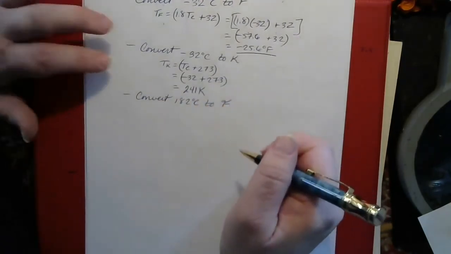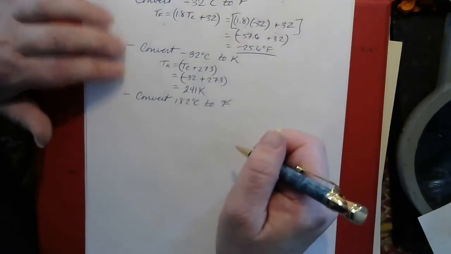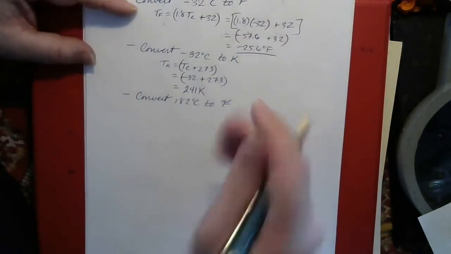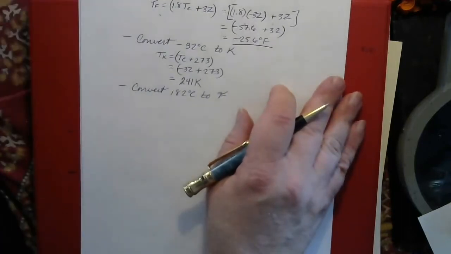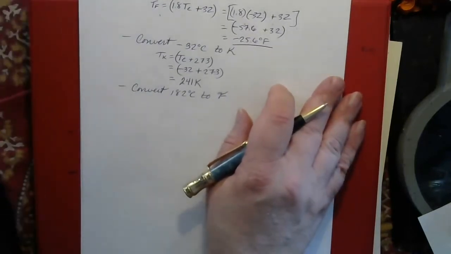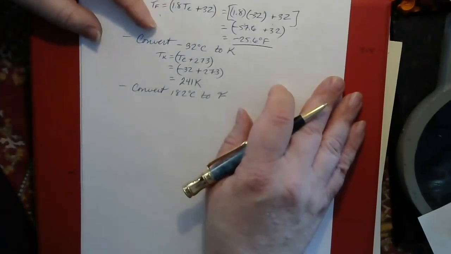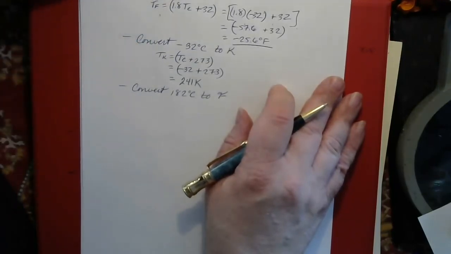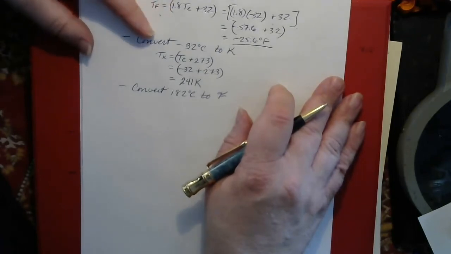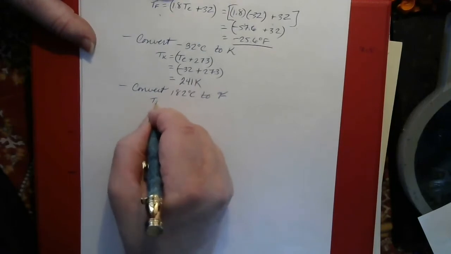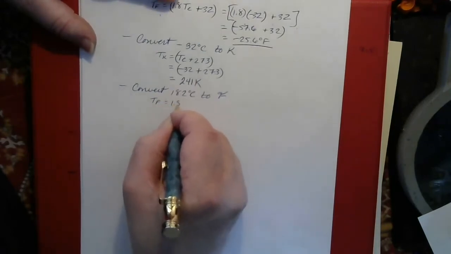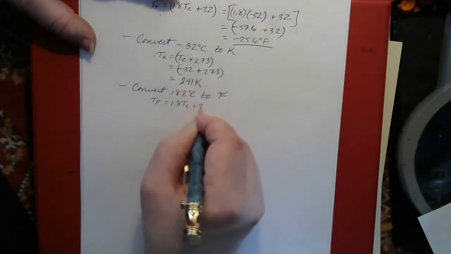And so what if you wanted to convert negative 182 Celsius to Fahrenheit? And feel free to stop at any point and stop the video and try it yourself and see if your answer agrees with mine. Temperature in Fahrenheit is 1.8 times temperature in Celsius plus 32.